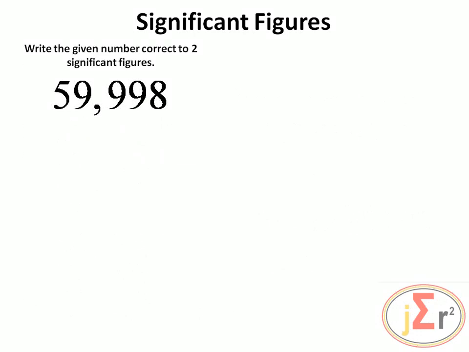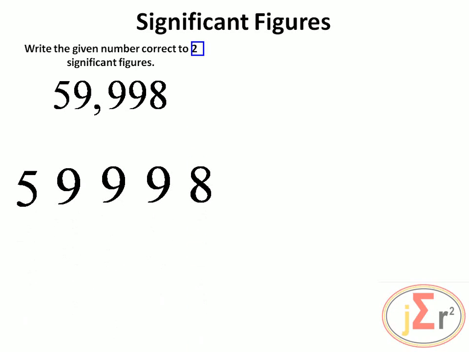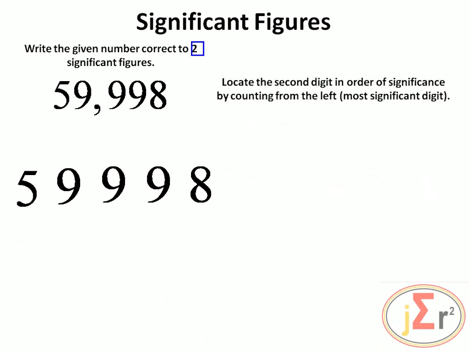Write the given number correct to two significant figures. Locate the second digit in order of significance by counting from the left. Check the digit that is next in order of significance, that is the one to the right of it.